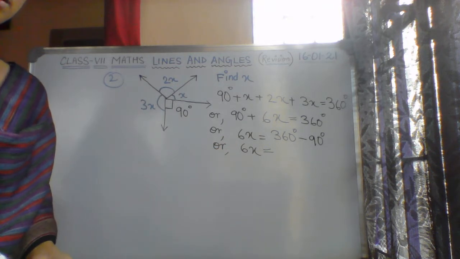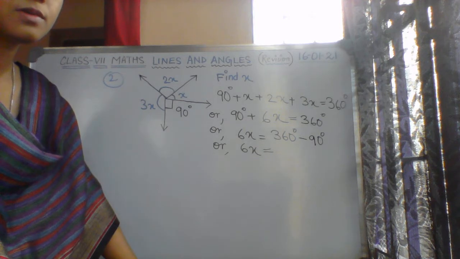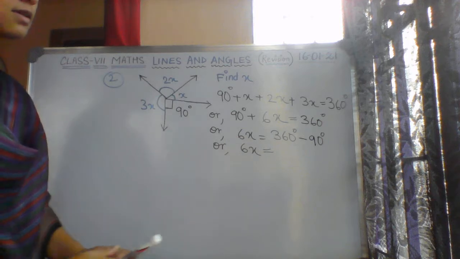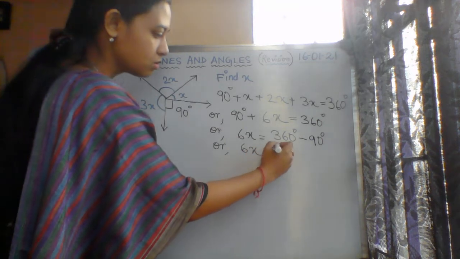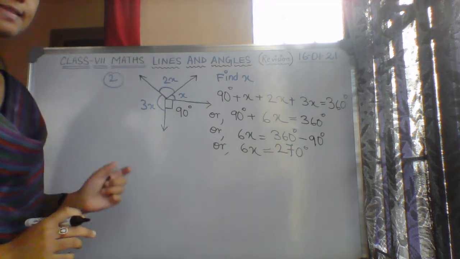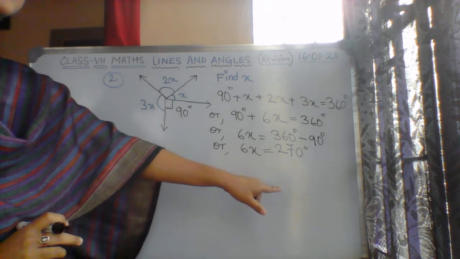Quickly, then you can find the value of x. Yes, 360 degrees minus 90 degrees, how much will that come? 270 degrees.